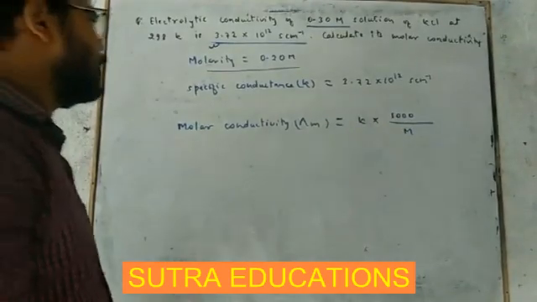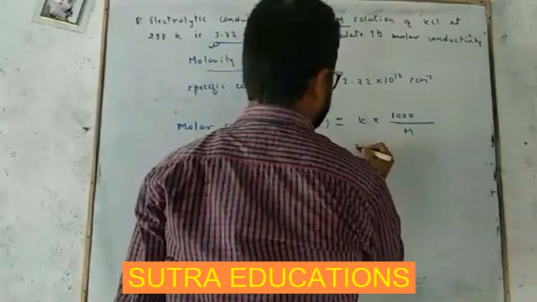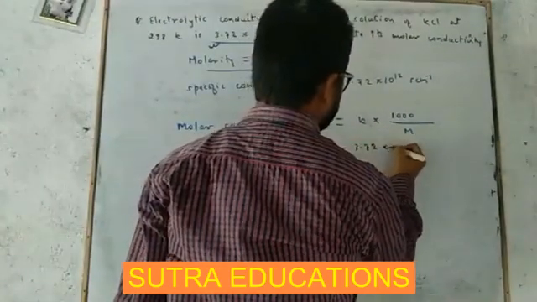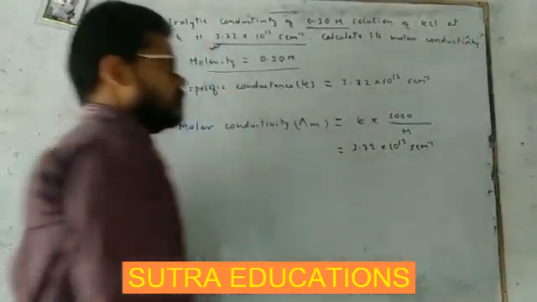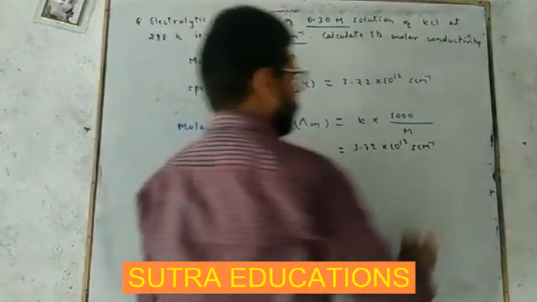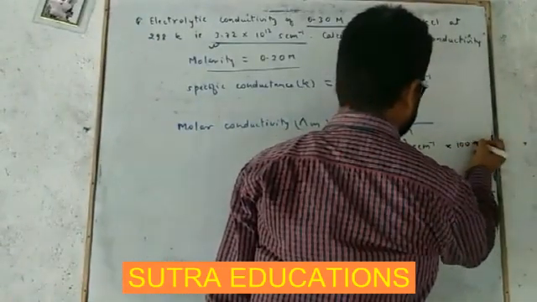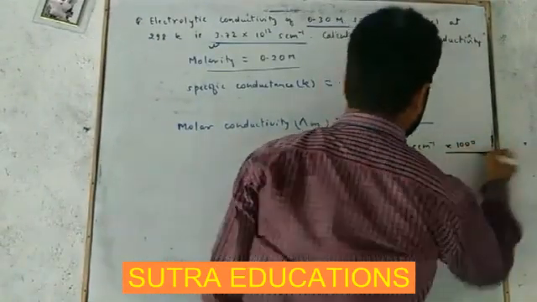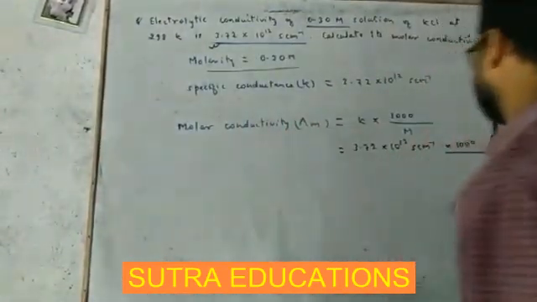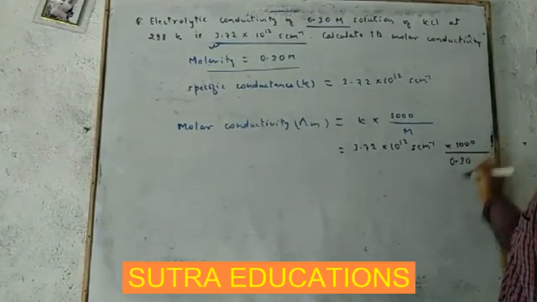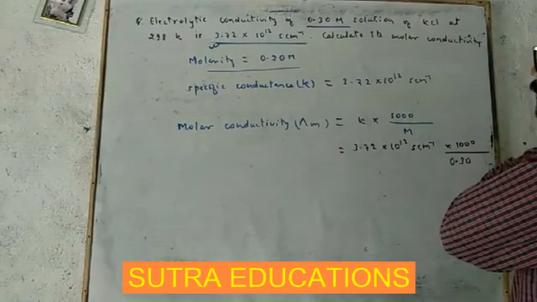So kappa is given, it is 3.72 into 10 to the power 12 Siemens centimeter inverse multiplied by 1000 upon molarity, which is given 0.30.